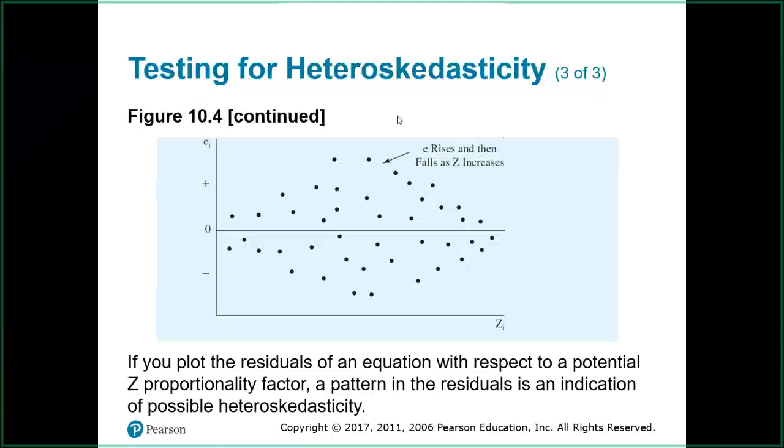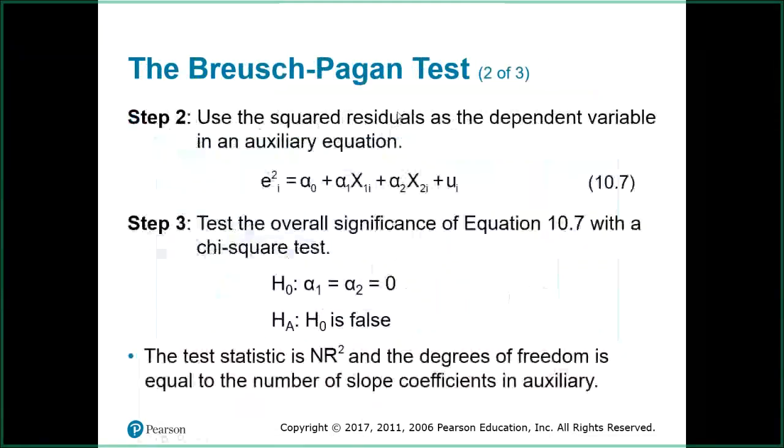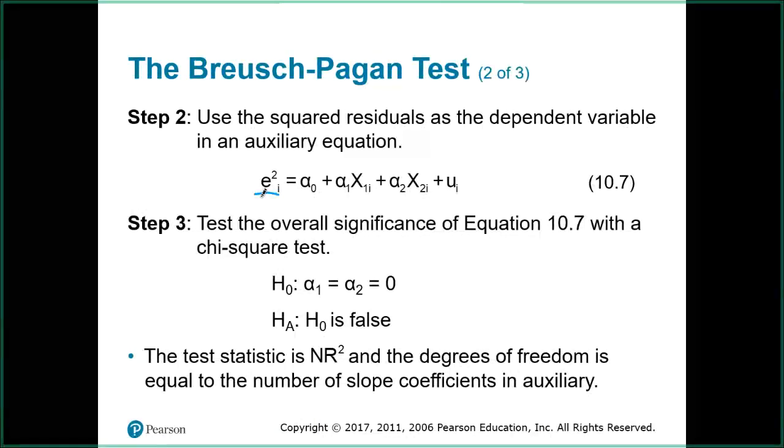What the Breusch-Pagan test does is it generates the square of the residual. So now everything's going to be positive because it's squared, but importantly, large values of residuals, regardless of whether they are large positive or large negative values, are now going to be really, really big. And smaller values are going to be closer to zero. What the Breusch-Pagan test does is it looks at whether the x variables in your model are correlated with the square of the residuals.